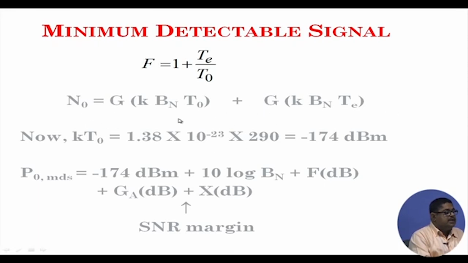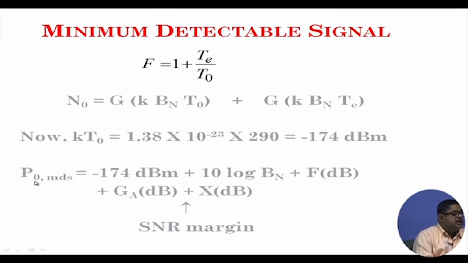Now, K is the Boltzmann constant, and T naught is 290 degrees. In Europe, America or the advanced countries, they fix the standard as 17 degrees centigrade, which is 290 Kelvin. So this is a constant term, and it turns out to be minus 174 dBm.